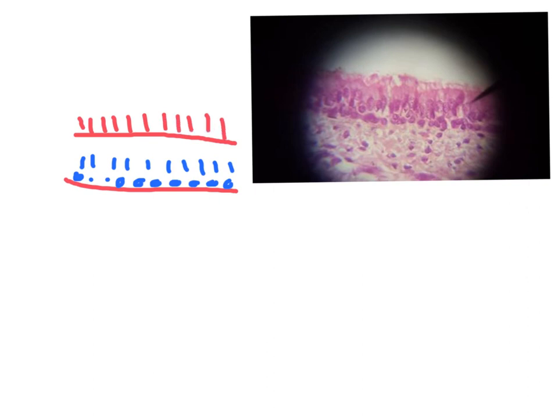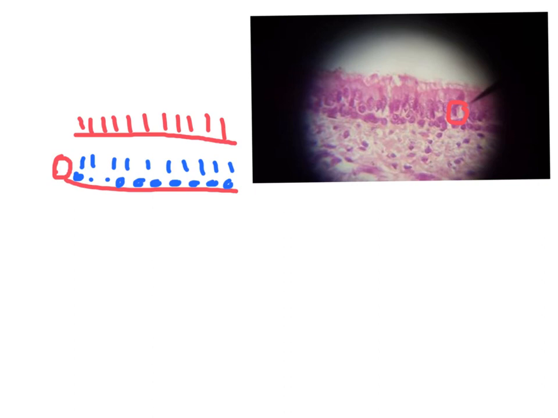Also you can see empty or white areas like this one representing the goblet cell. So this is the pseudo-stratified columnar ciliated epithelium with goblet cell.